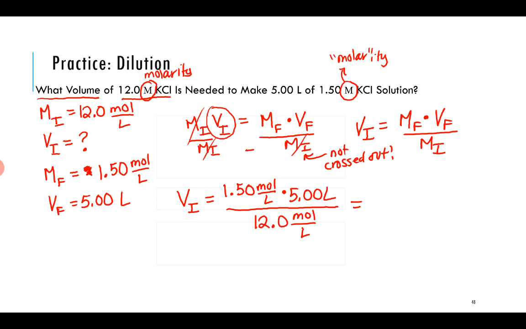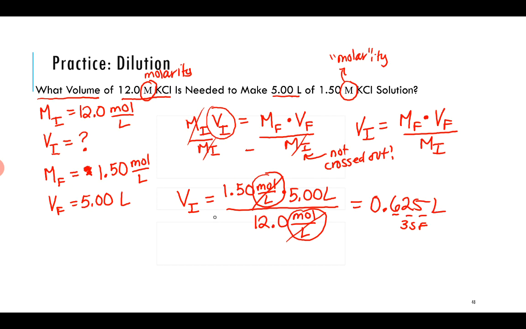When we do that, we're going to end up with 1.50 times 5.00 divided by 12, and that is 0.625 liters. Now let's look at our units and our sig figs to make sure we're okay. Everything here has 3 sig figs, and so I do have 3 sig figs in my final answer. For my units, that moles per liter will cancel with that moles per liter, and then I'll be left with liters in the end.